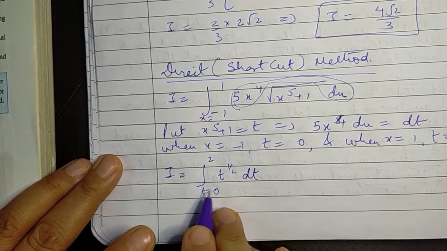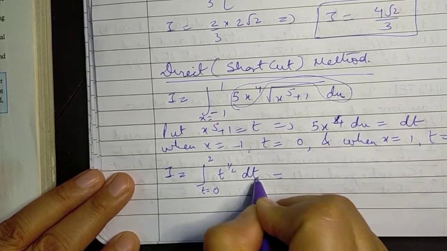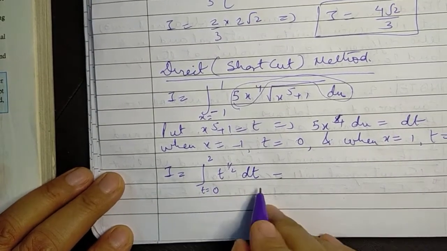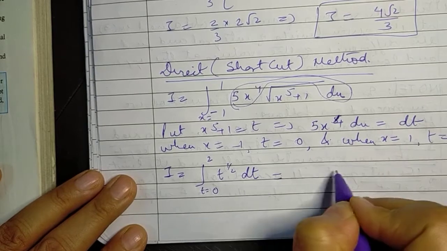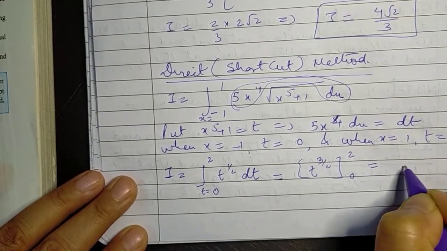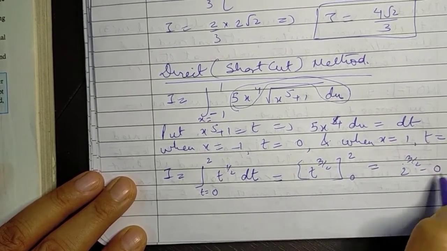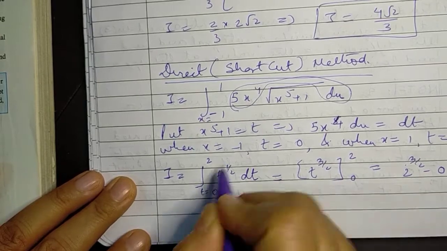Here it was x equal to this. Okay, so here this becomes t, and simply we evaluate the question as if it was the question given to us in terms of t. So what we get is t raised to power 3 by 2 directly from 0 to 2, which gives us 2 raised to power 3 by 2 minus 0.